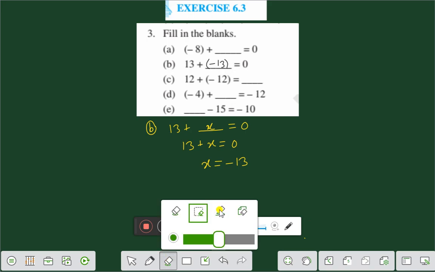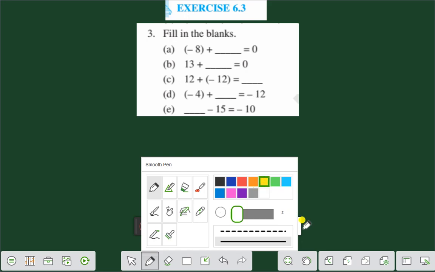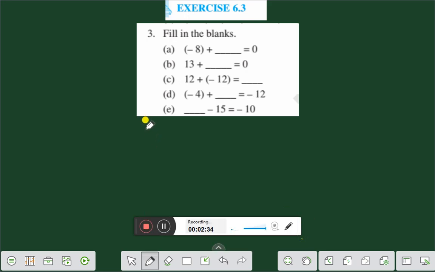Question number C is 12 plus minus 12 is equal to dash.